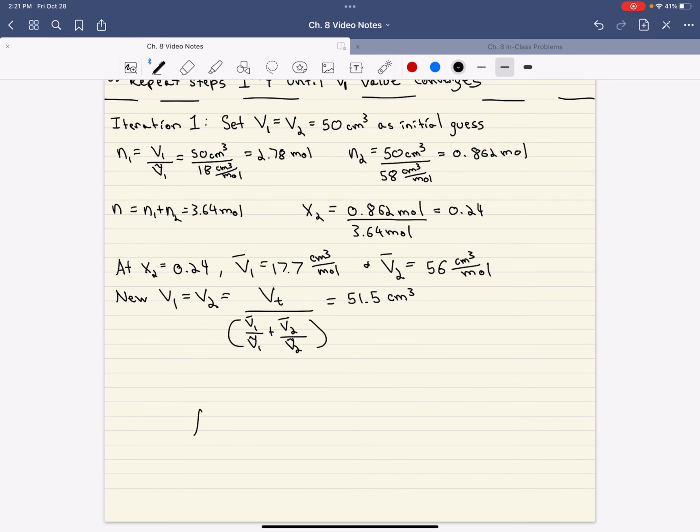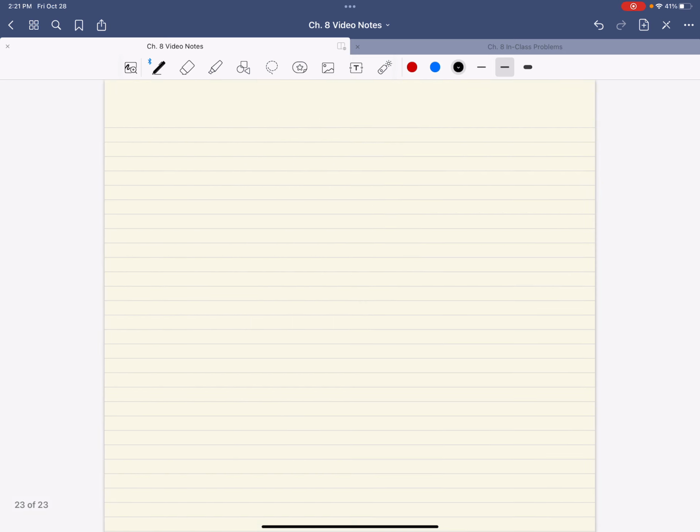So, next page. So, iteration 2. So now we're going to set V1 and V2 equal to what we estimated in that last step. Now we could calculate N1 again. Now we get 2.86 moles.